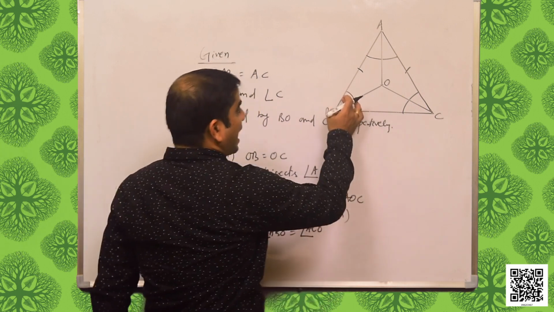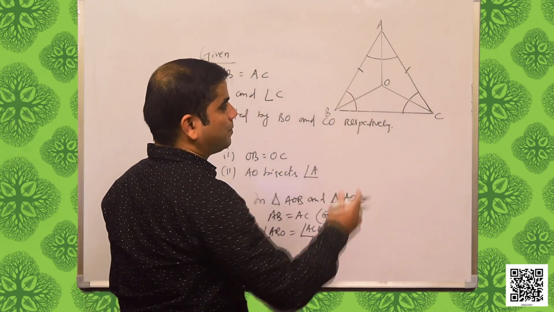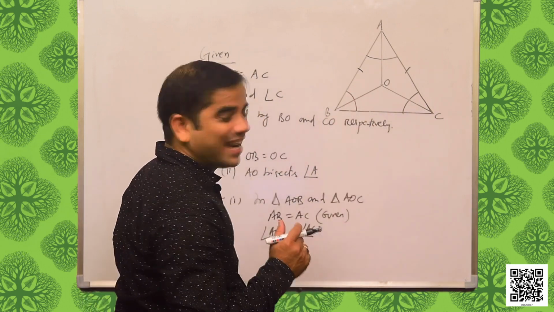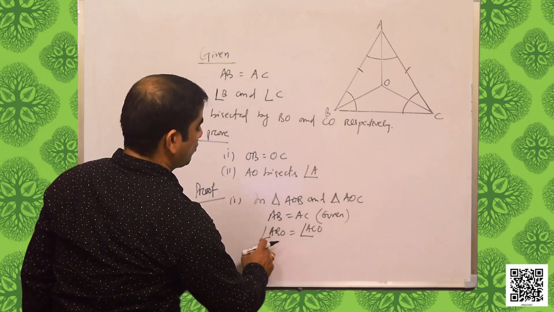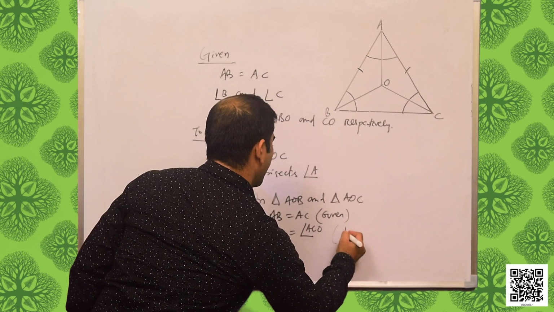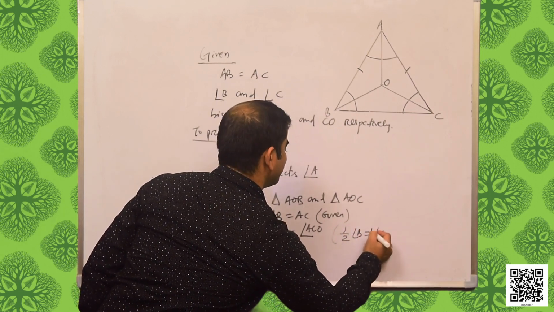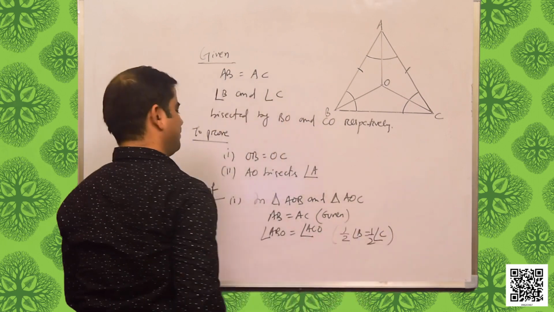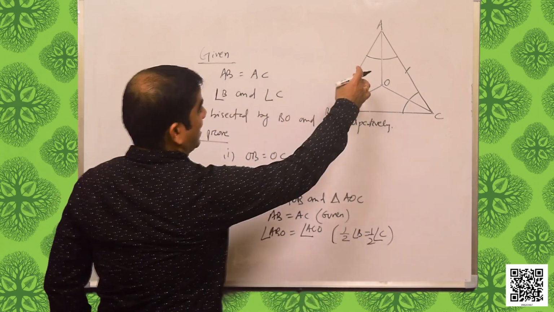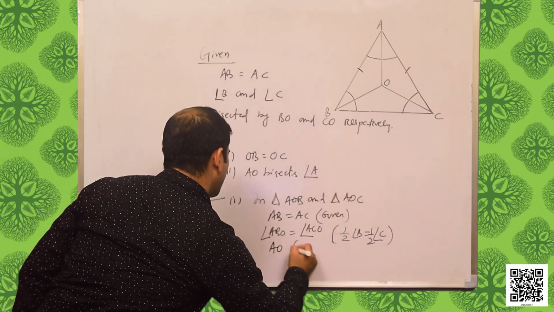That means as angle B is equal to angle C, half of B should be equal to half of angle C. So angle ABO is equal to angle ACO. Fine. AO is your common side.